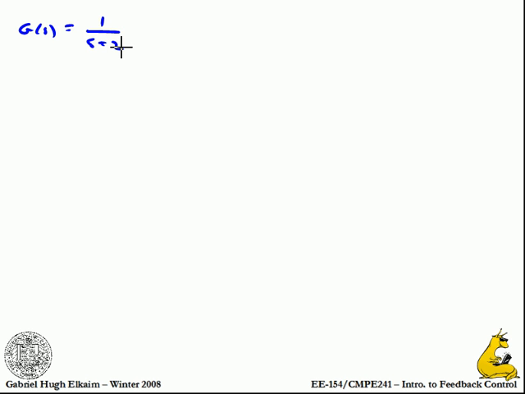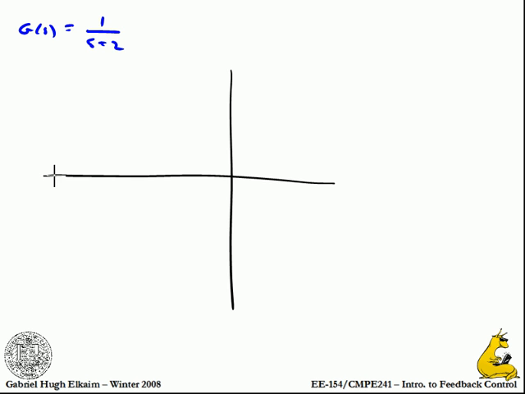Now I'm going to plot this, and here is the pole at minus 2. I want to evaluate it first at, I'm just going to probe a whole bunch of places on the S-plane and see if I can find it. We already know where it is, but let's see if we can find it. So let's pick S equals 0. That's a good one.